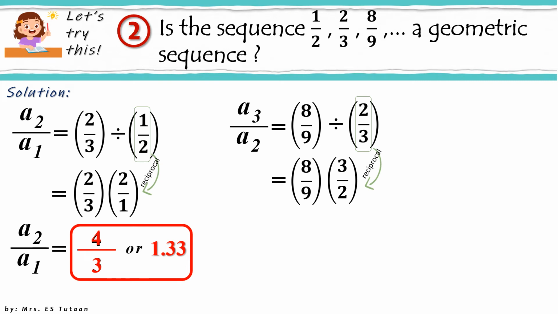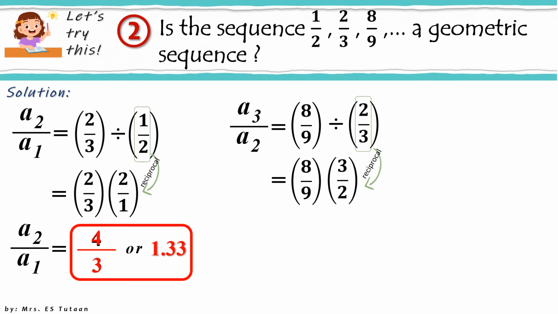And then we will multiply numerator to numerator, denominator to denominator. Or, i-check nyo muna kung merong common factors ang isang pares ng numerator at denominator. Kung meron kang common factor, you do the cancellation of the common factor and then write the remaining factor.